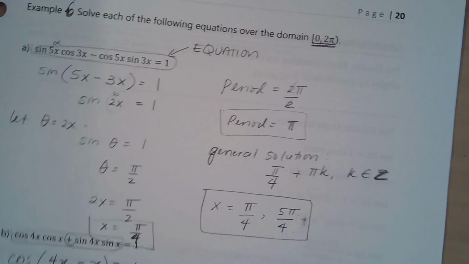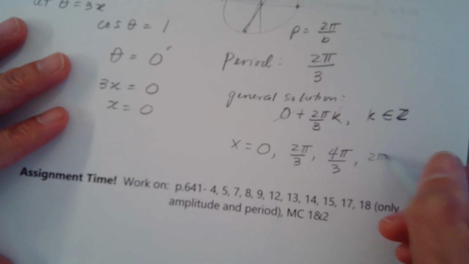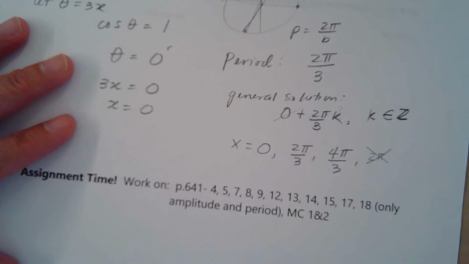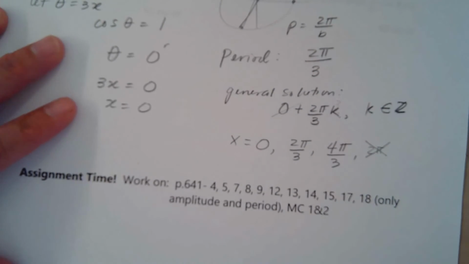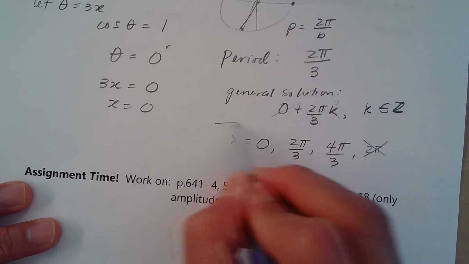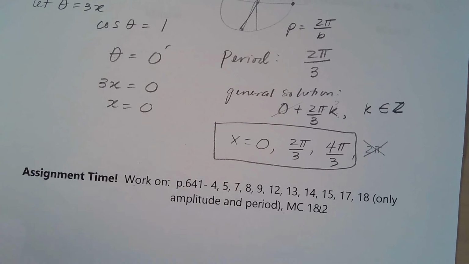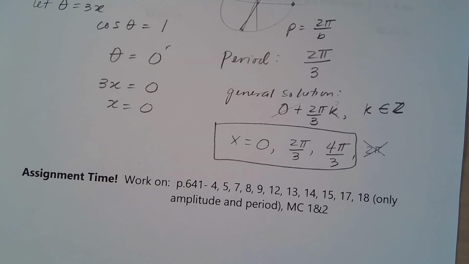So 2 pi certainly goes over here, but because there's a round bracket on 2 pi, it doesn't really count. So these are our only solutions for that. Okay, that didn't take us long, right? That was nice.